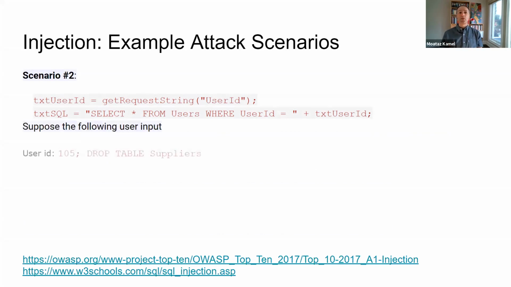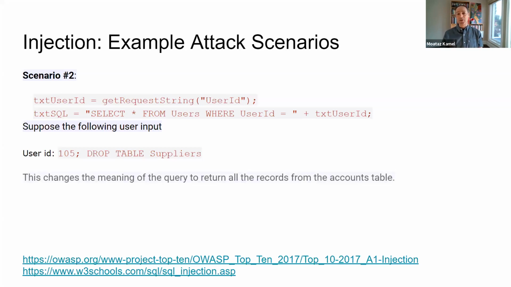Suppose the user gives the following input: a user ID, a semicolon, and then drop table suppliers. The interpreter will run the select statement and then run the subsequent statement, drop table, and that destroys the data in the table, and you lose all that data. Oops, that should say it deletes the data in the database.